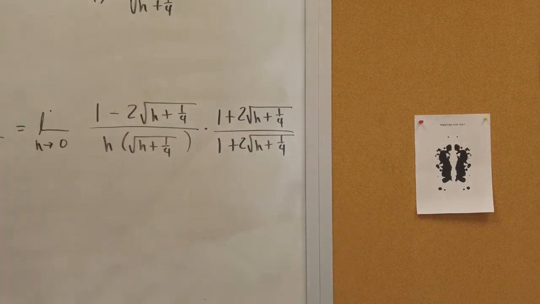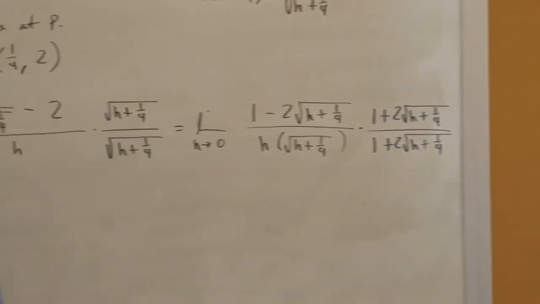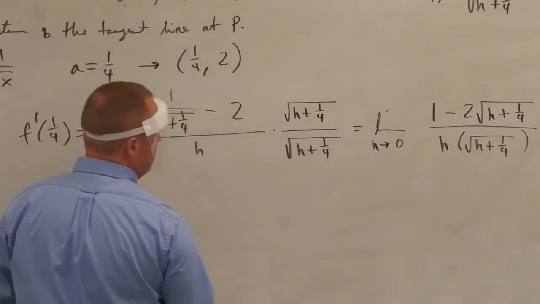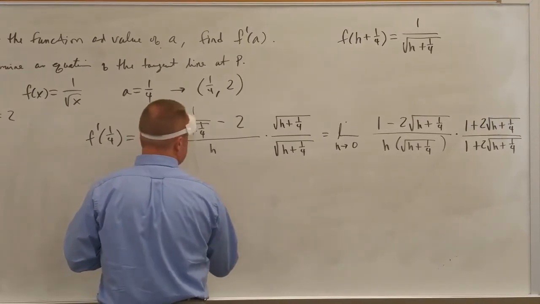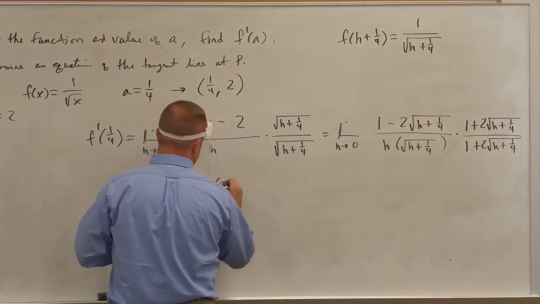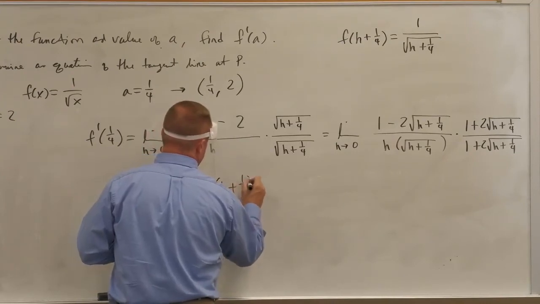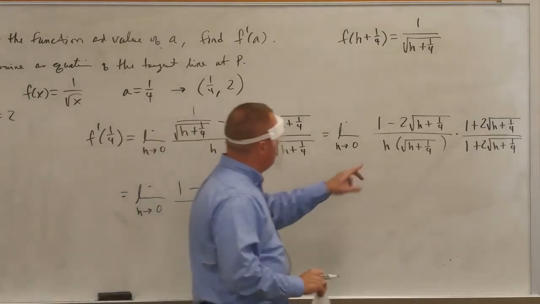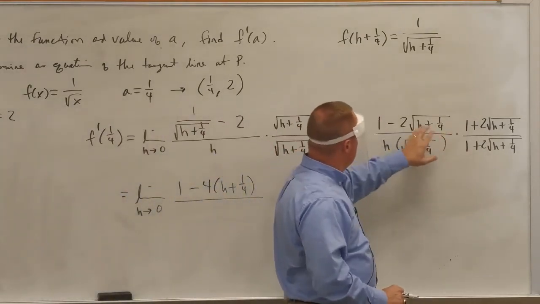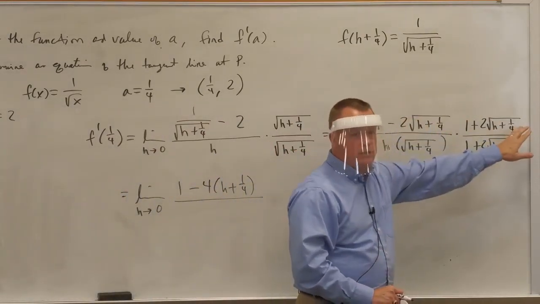All right, so that gives me the limit as h approaches 0 of the top, which now becomes 1 minus 4 times h plus 1/4. Because remember, the top is where the conjugates are. I just say 1 times 1, and then that times that. Middle terms cancel.